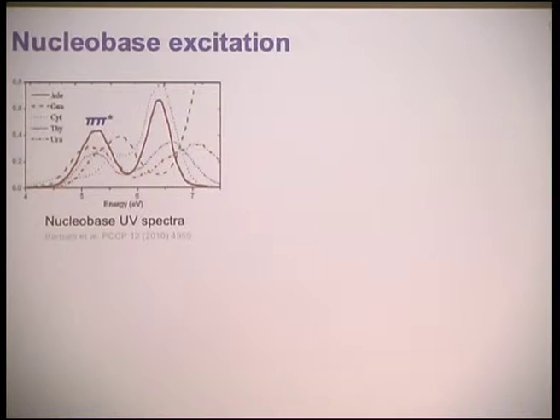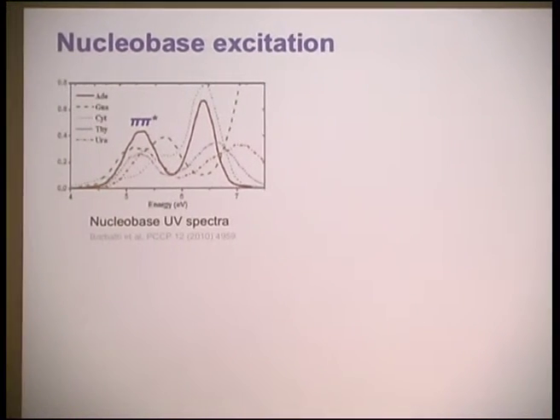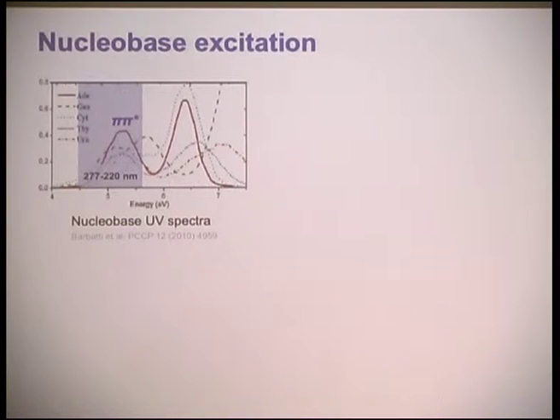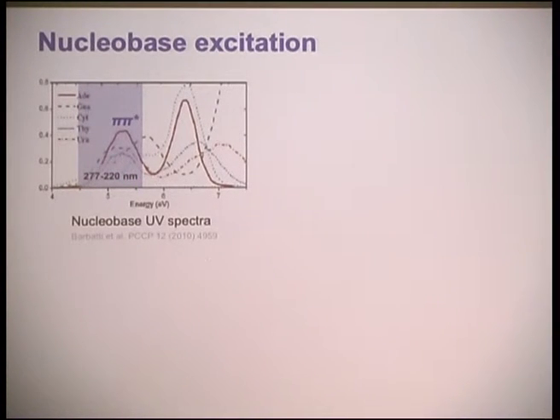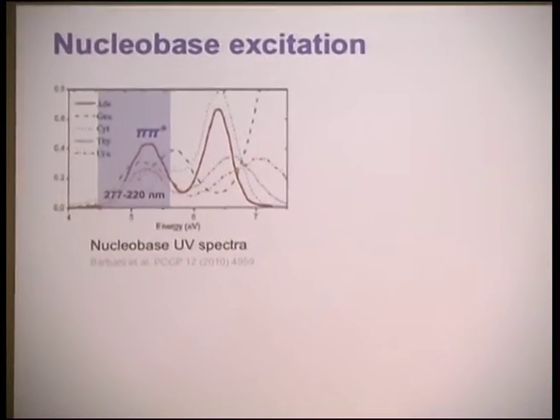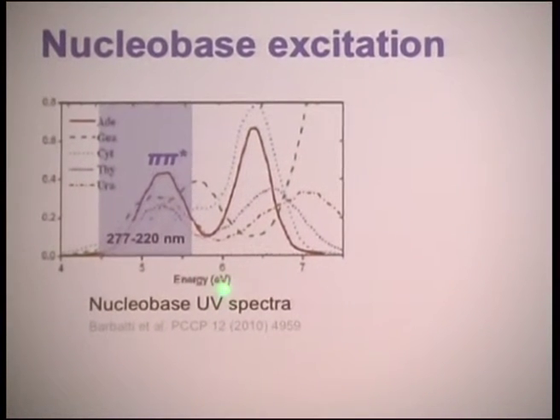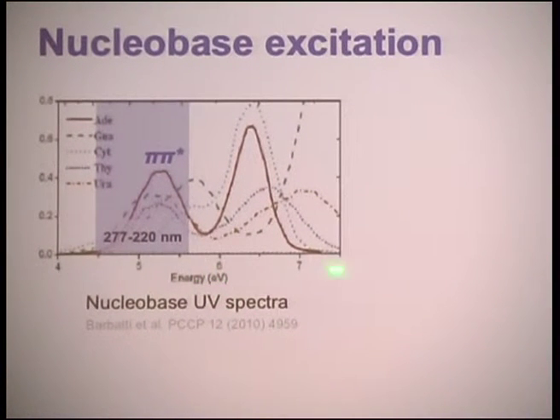So, a quick overview of nucleobase electronic excitation. Using our laser, this is our wavelength range, 220 to 277 nanometers. This shows the UV spectra of several different nucleobases, the DNA bases and the RNA base uracil, and on this scale, instead of wavelength, you have photon energy.